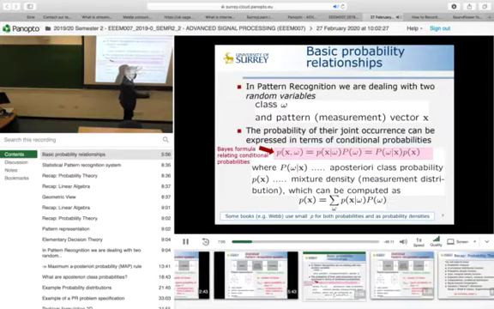X exists in certain places, and if I write the joint probability of X and omega, we could think of the probability of X being somewhere in a two-dimensional plane and omega being one of two values.